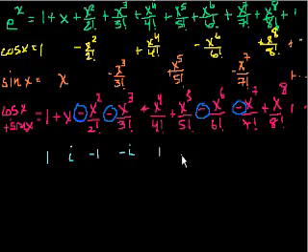And the pattern repeats itself. i to the fifth is i, i to the sixth is -1. We learned this before, but this is just a review. i to the seventh is negative i, i to the eighth then becomes 1 again.